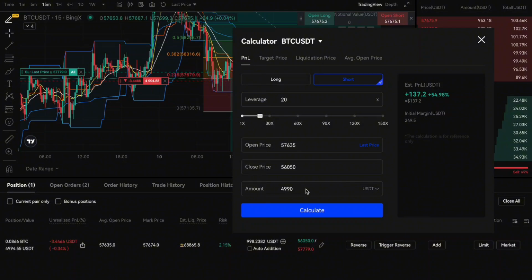So now you can kind of look at it and say, well, if that's the case, then I want to like 4x this, right? So my position that I want BingX to understand that I want to work with is actually 20,000.